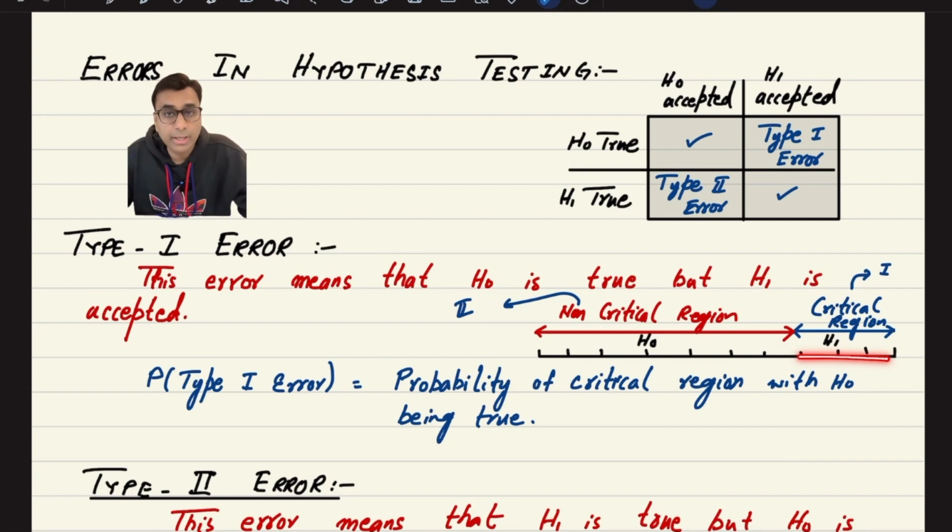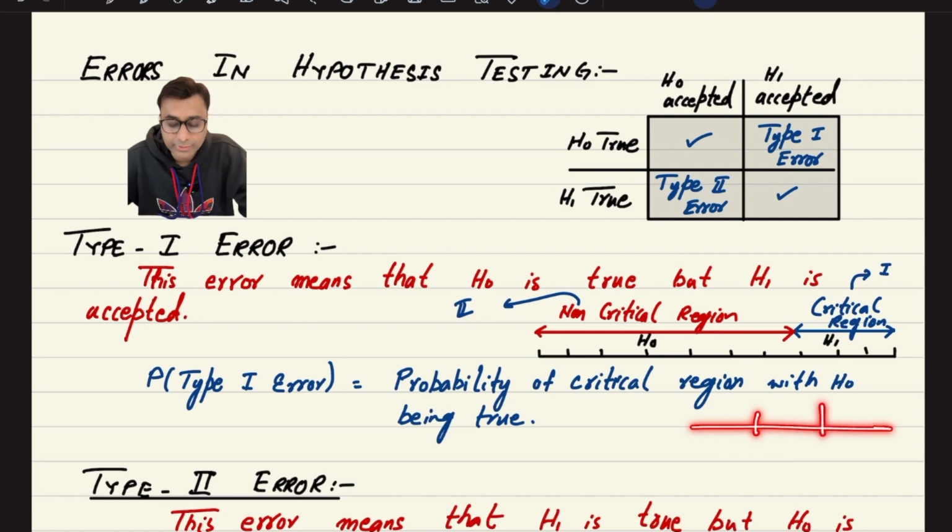But please keep in mind that this is not always going to be equal to the significance level, because if you are taking a 5% significance level, that 5% might lie between any two values. So let's say this is 6, this is 7, this is 8, this is 9, and your significance level of 5% was somewhere here.